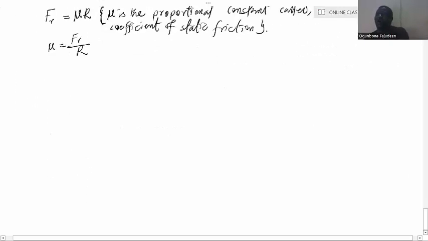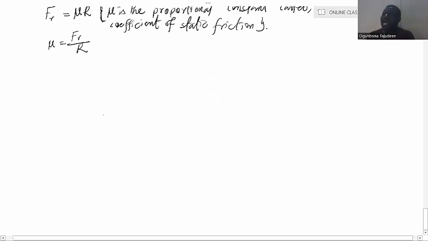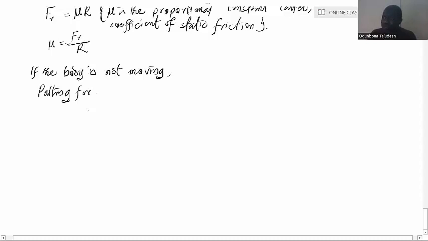Now, usually we now have an equation. This is the first equation we are having here. Now, if the body is not moving, the pulling force equals the frictional force.